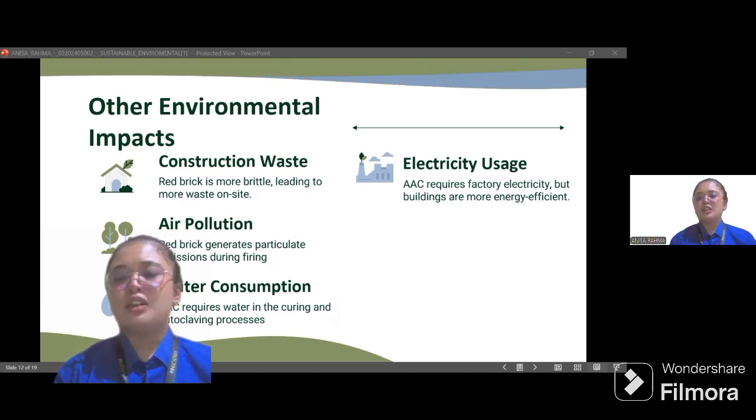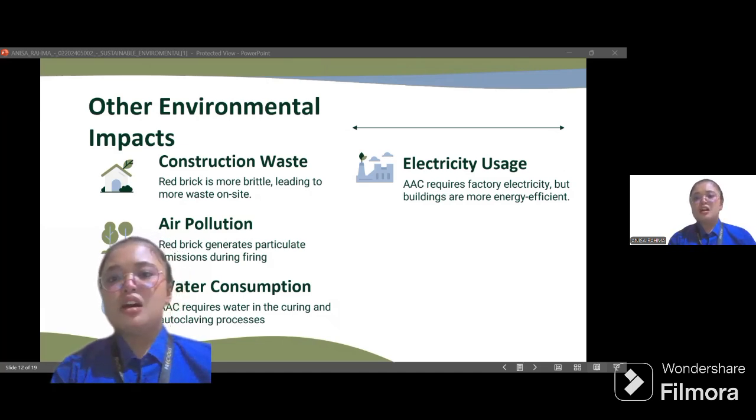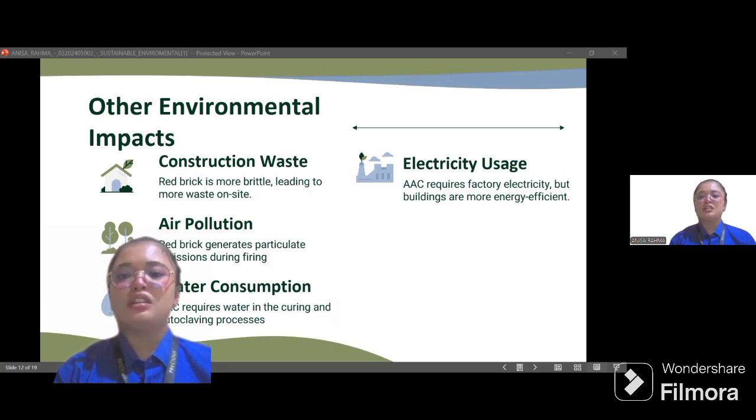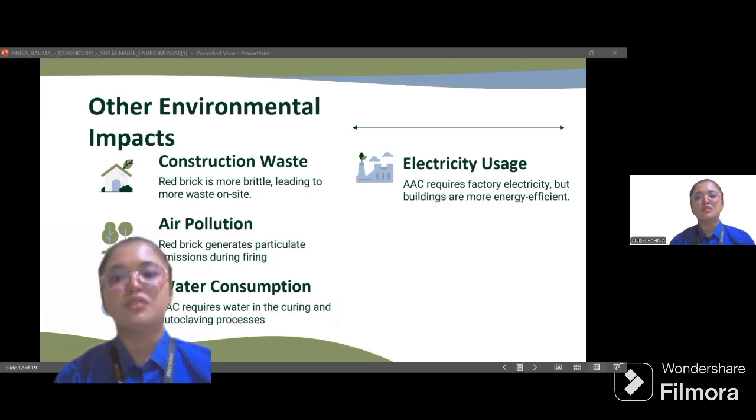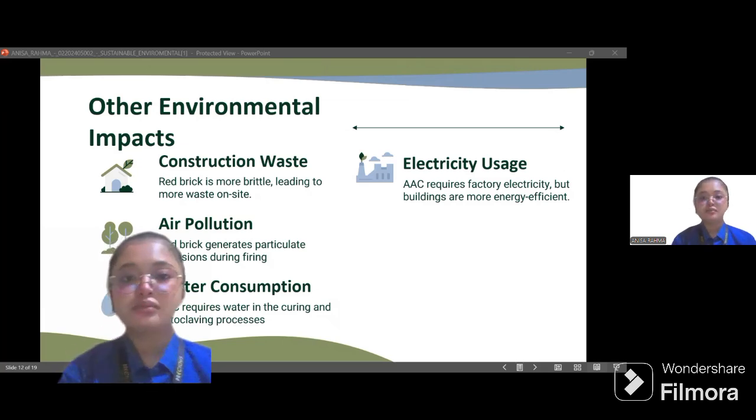Furthermore, the autoclaving process requires a substantial amount of water in the form of steam to create the pressure and temperature needed for the process. However, the water used in AAC production is more controlled and can be recycled during various stages of production.